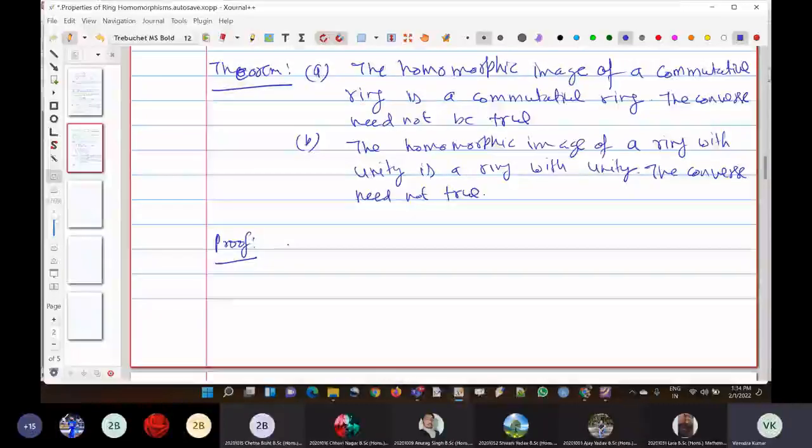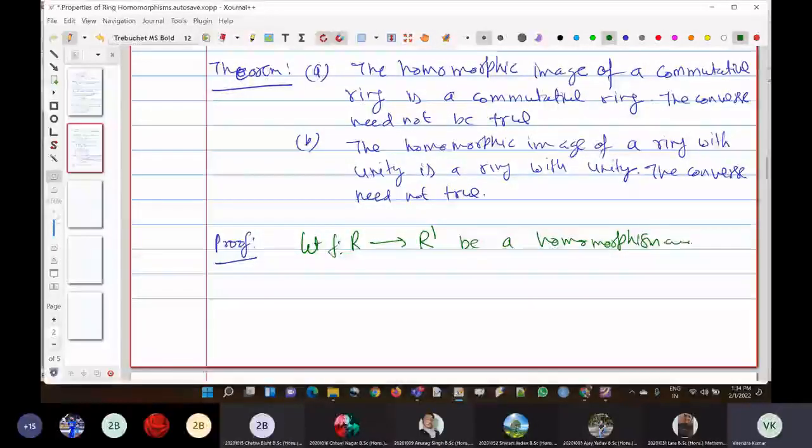So let us see the proof. Let f from R to R dash be a homomorphism, and A, B belongs to R such that f of A equals A dash and f of B equals B dash, where A dash, B dash belongs to R dash.